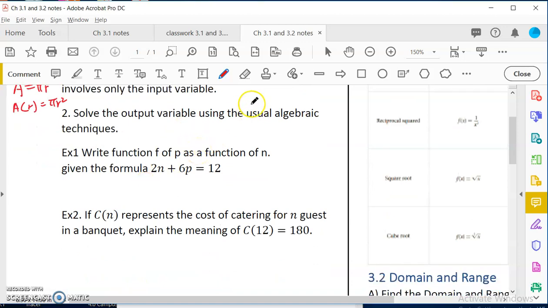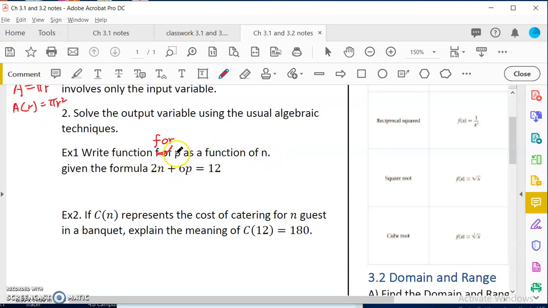First example, write p as a function of n.